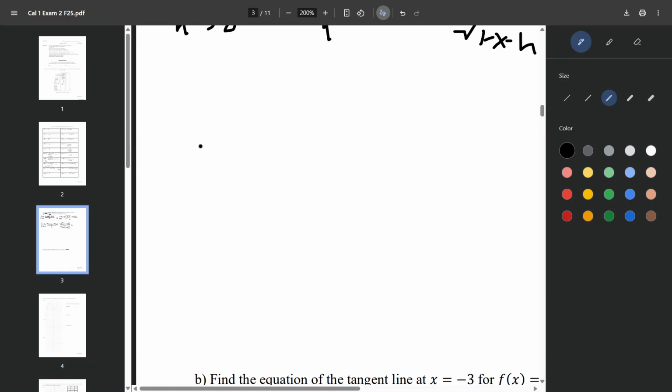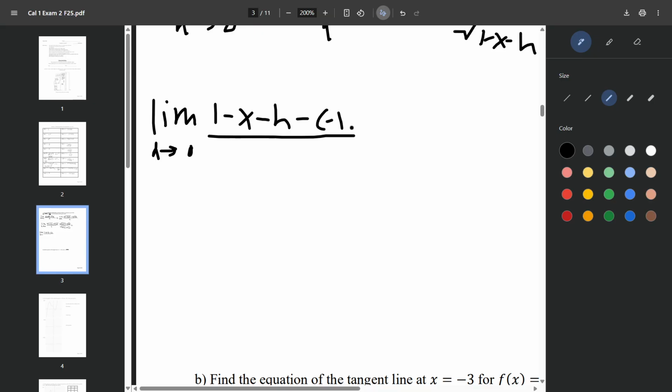So our next step will be to combine those two and multiply them with numerator and denominator. So we are left with h approaching 0 of 1 minus x minus h minus 1 minus x.